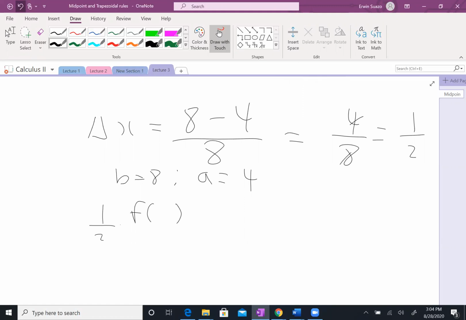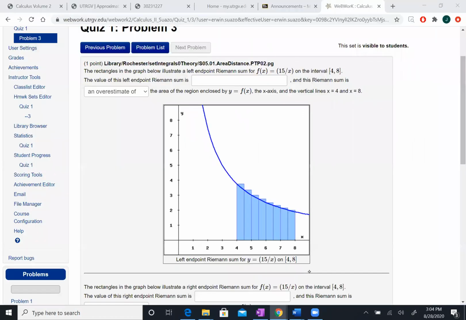What is the first number we evaluate? It is a left endpoint Riemann sum, right?